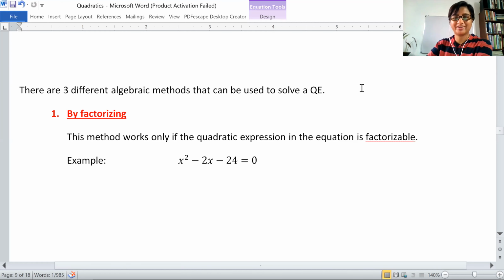Oh, Senithu, you already found the answers too. Okay, can I change the screen now? I think so, right? So I'm going to change the screen to the writing pad.